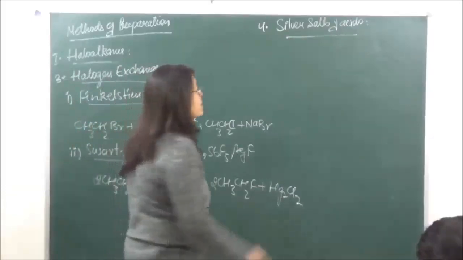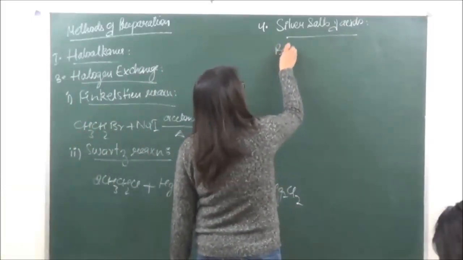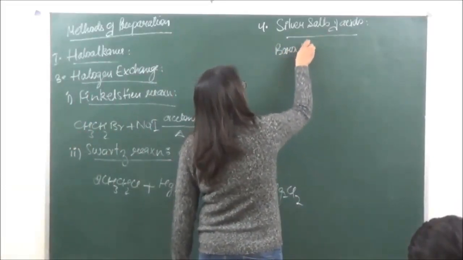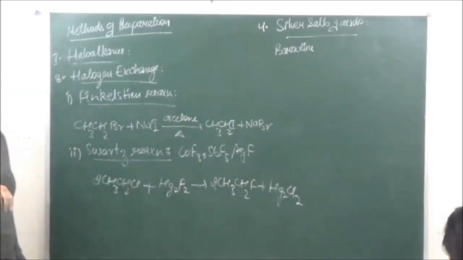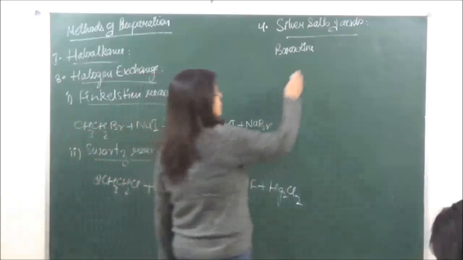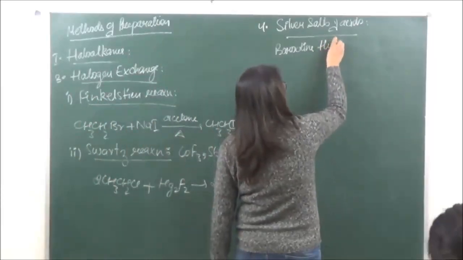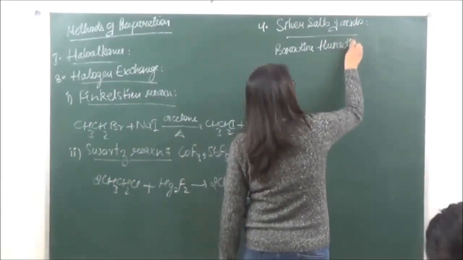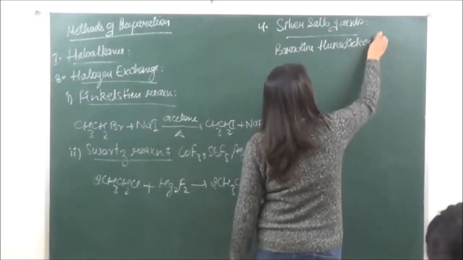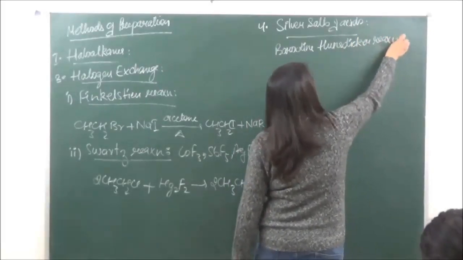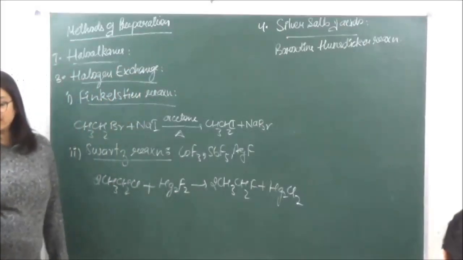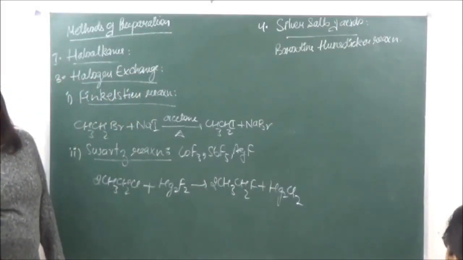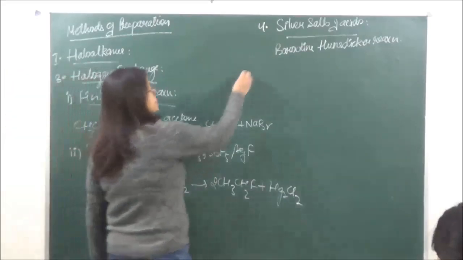There's another main reaction which is going to come over here, that is the Borodin-Hunsdiecker reaction. इसमें हम लोग सिल्वर सॉल्ट लेते हैं. We are going to take silver acetate over here.